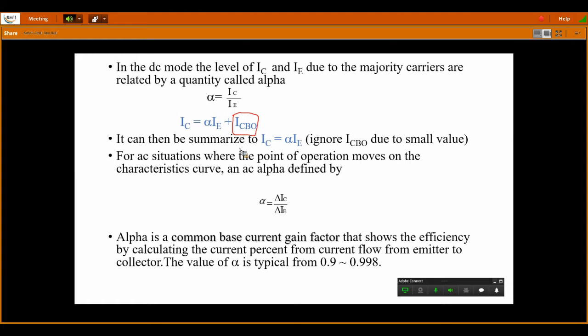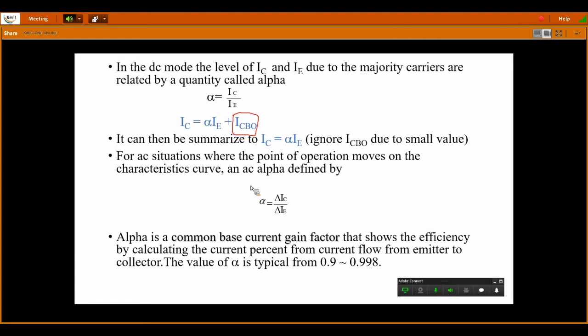So the leakage current is defined when the input terminal, that is the emitter terminal, is left open, and for greater applied reverse voltages some amount of current flows through the output junction. That current is known as the leakage current or reverse saturation current. If you don't apply a very large output voltage or breakdown voltage on your output junction, that quantity ICBO is very small, so you could ignore this current. Hence here IC is equal to alpha IE.